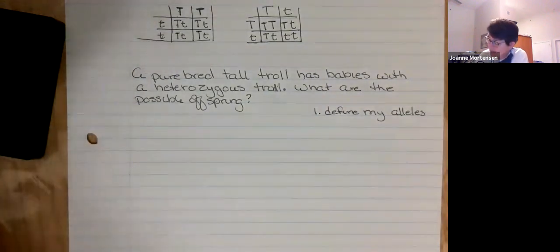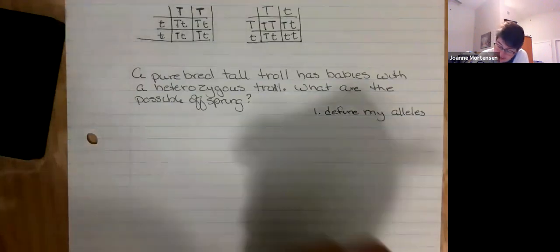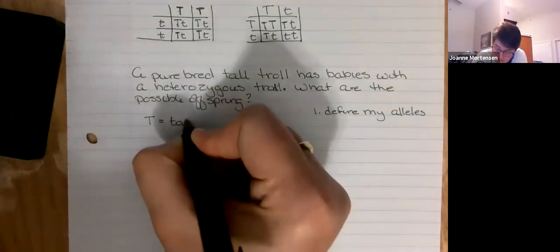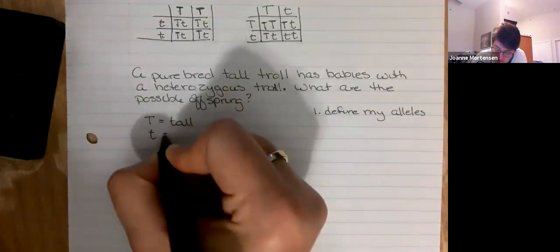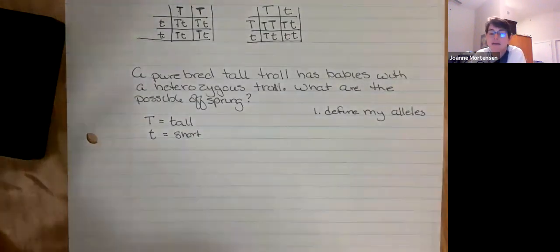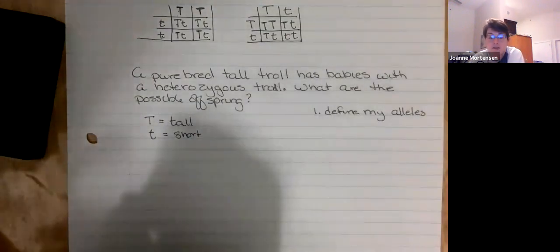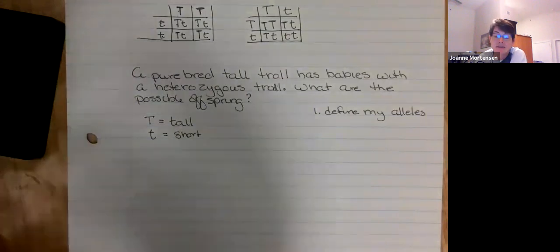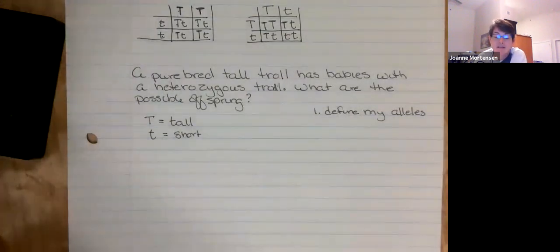But from 5 minutes ago in the video, I said tall is a dominant trait. So T is for tall, lowercase t is for short. Because that way, whatever letters you're using, I'm understanding, right? So if you decided to use B for tall and little b for short, I'm like, okay, I know what you're doing.